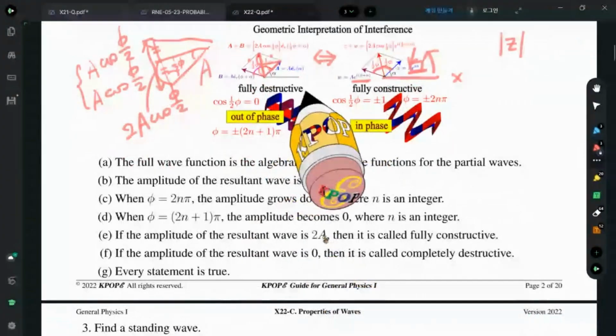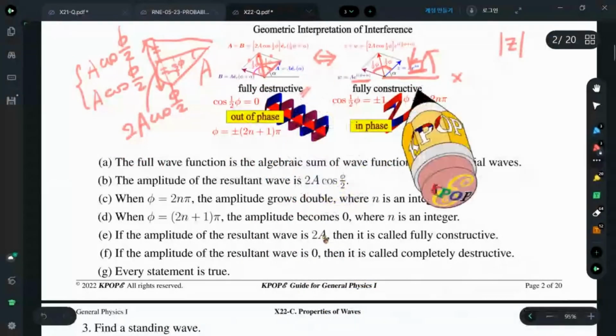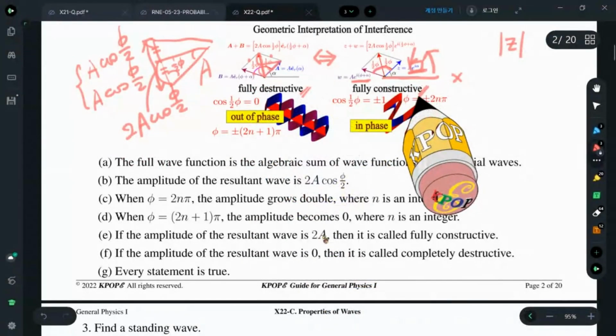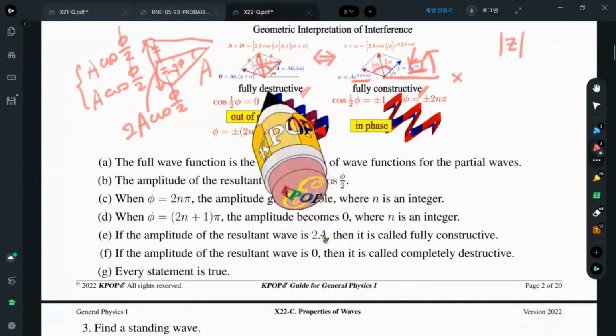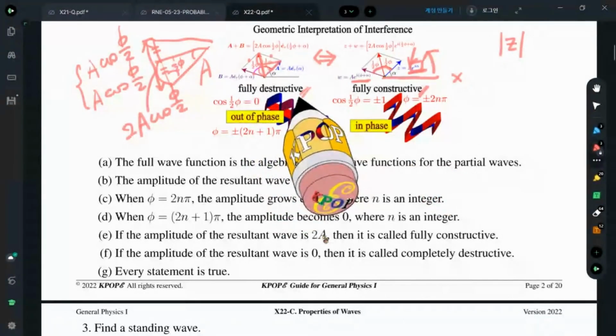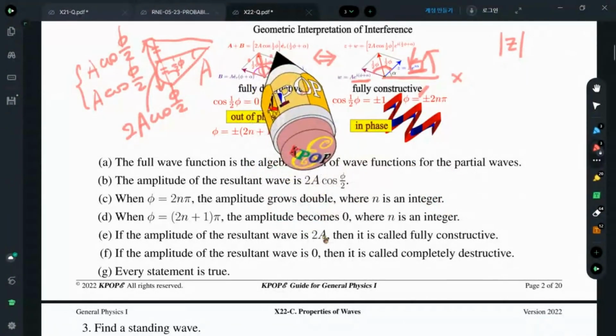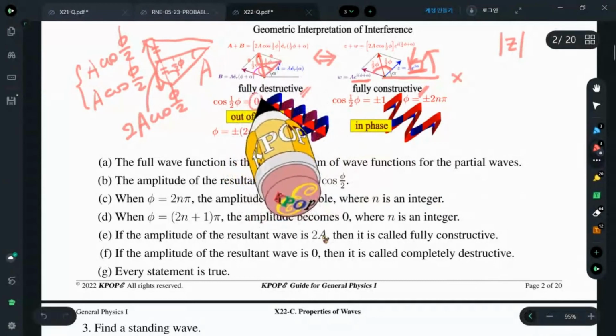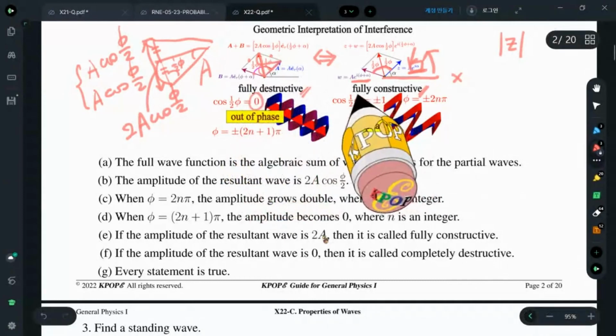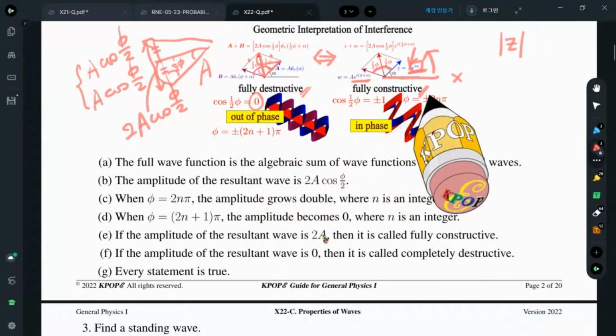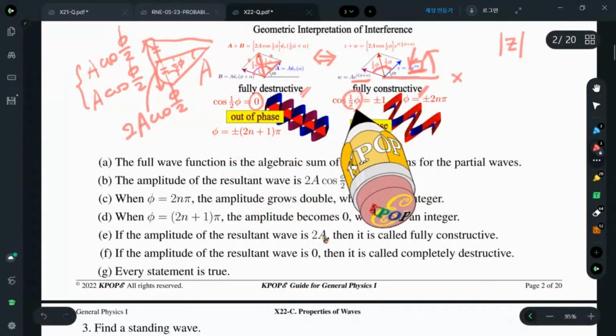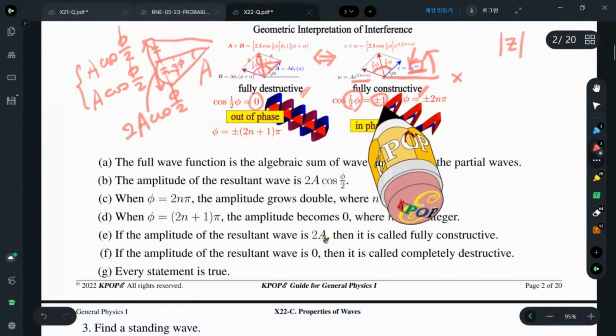And we have two extreme styles of resultant amplitude. It is fully destructive when cosine of half of phi is exactly 0. It is fully constructive if this is plus or minus 1.